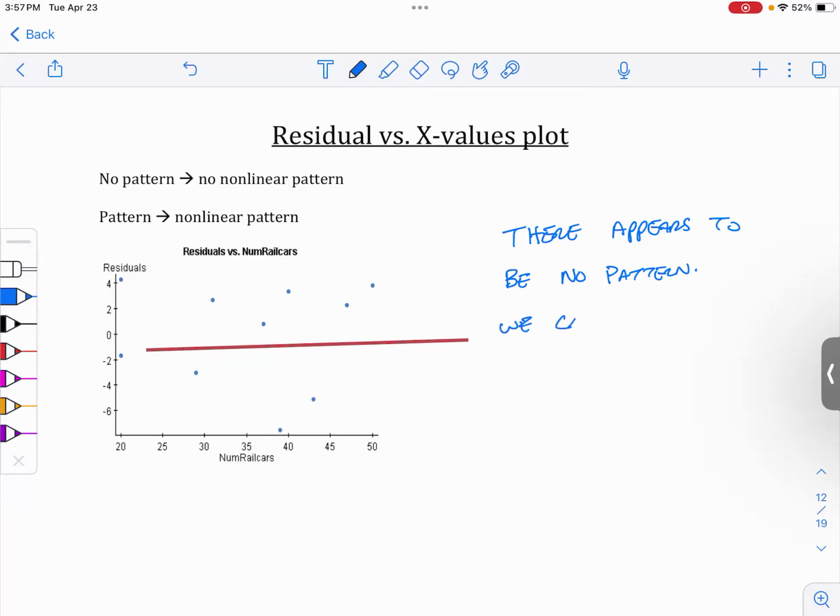We can assume the data, the linear model is appropriate.